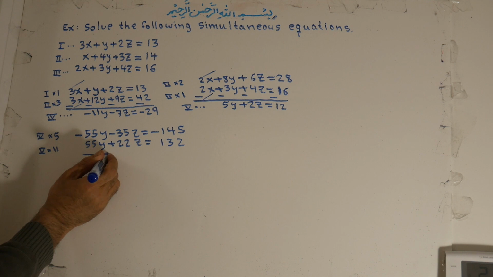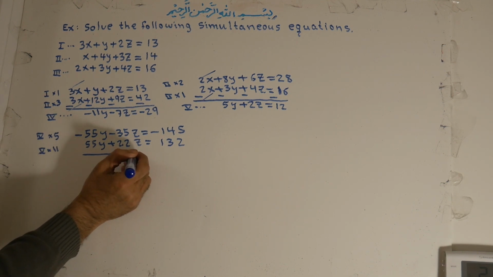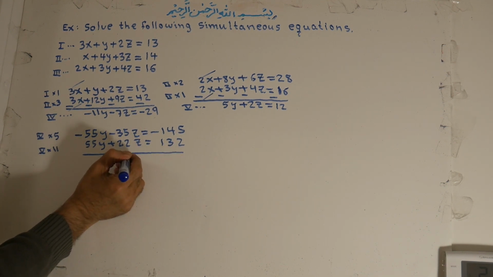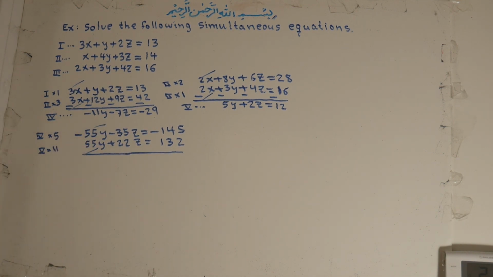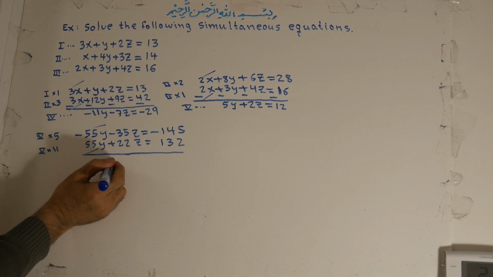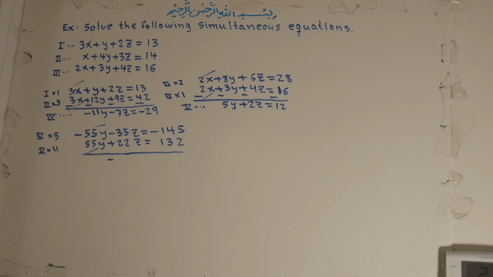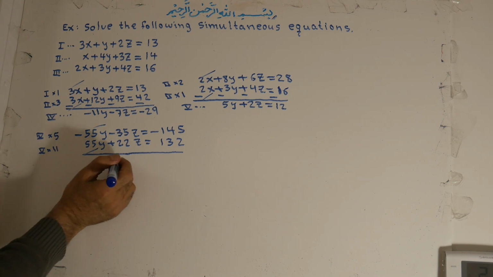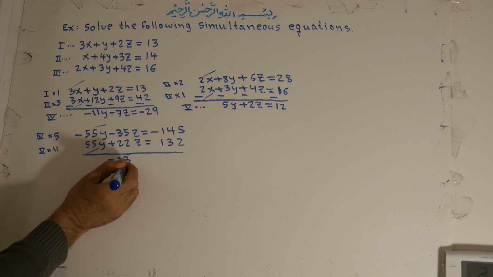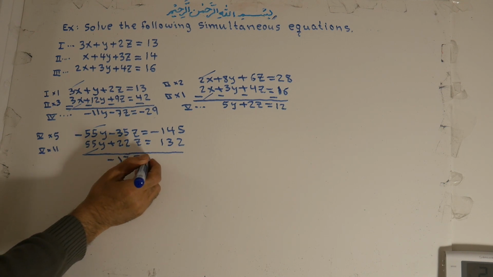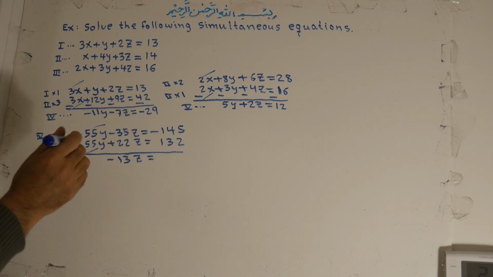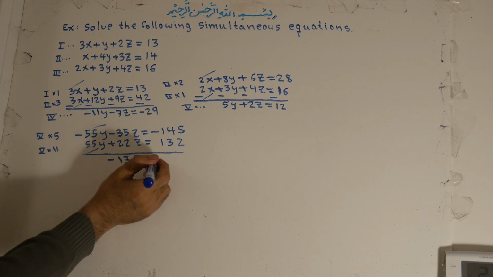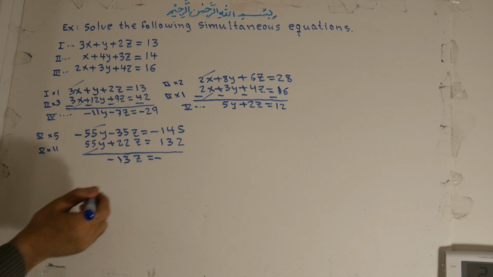Now we have these two equations algebraically. Negative 55y cancels with positive 55y. Here the remaining is negative 35 minus 22, which is negative 13z, is equal to 145 minus 132, which is equal to negative 13.